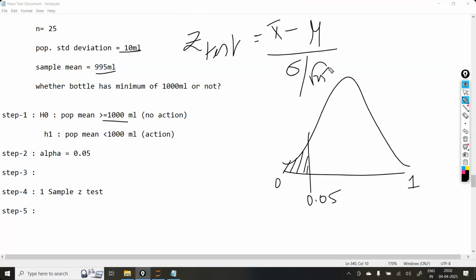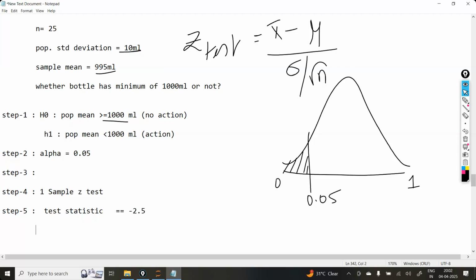N is also there. All 4 values are available with you. Now tell me what the value is. Minus 2.5. So by substituting in the equation, what did you get? Minus 2.5. Exactly, 2.5.